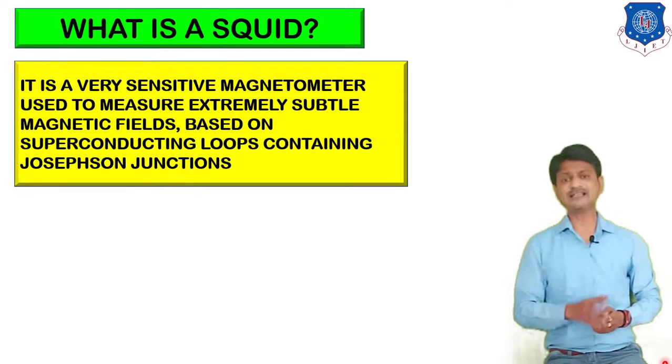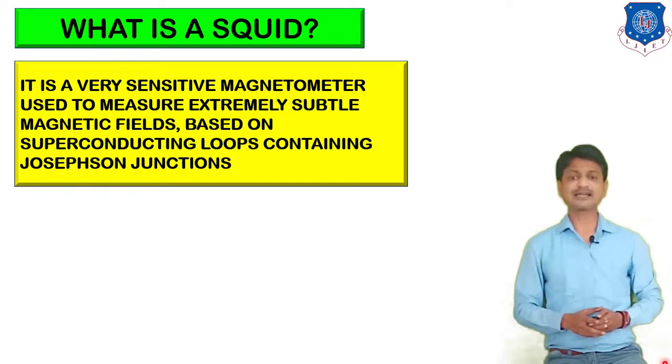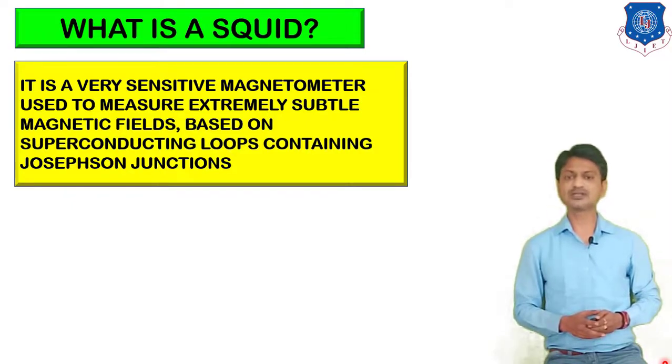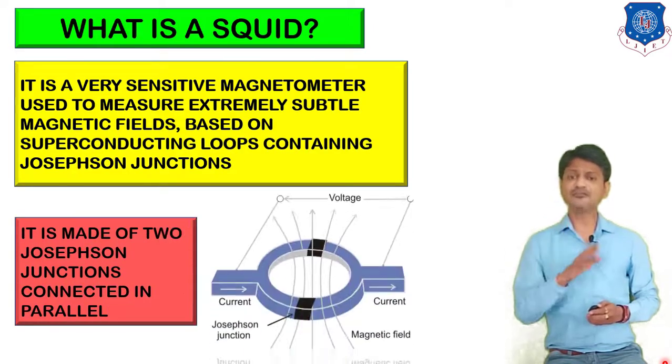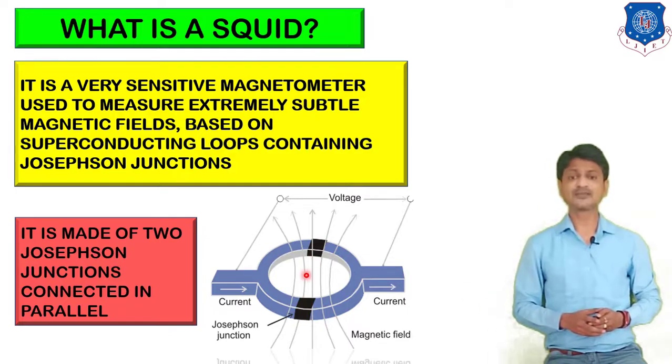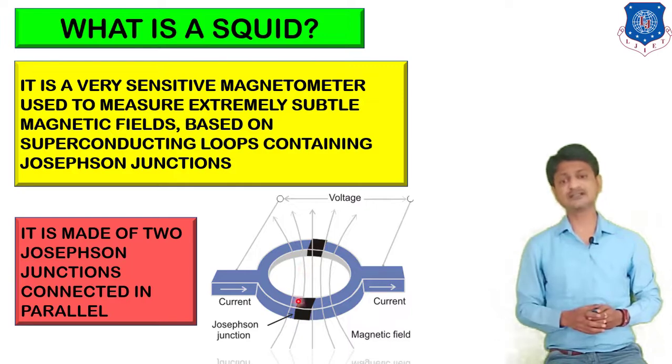It is a very sensitive magnetometer used to measure extremely small magnetic fields, based on superconducting loops that contain Josephson junctions. It is made of two Josephson junctions connected in parallel. You can see in the figure, there are two Josephson junctions which are in parallel.